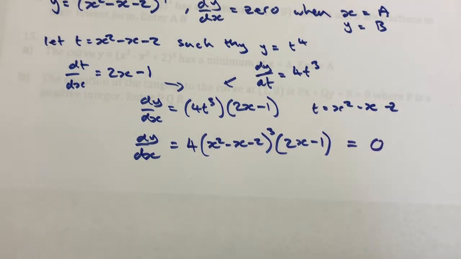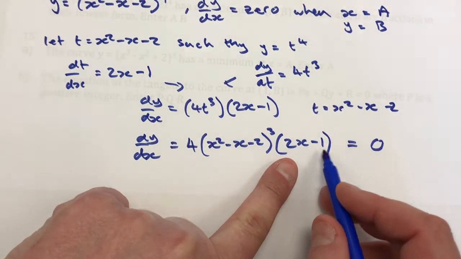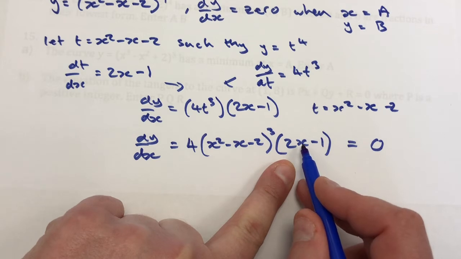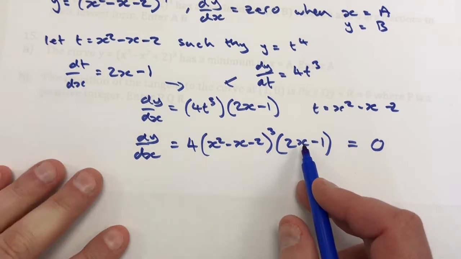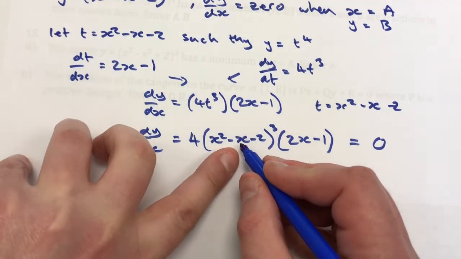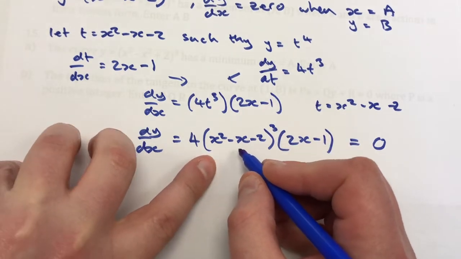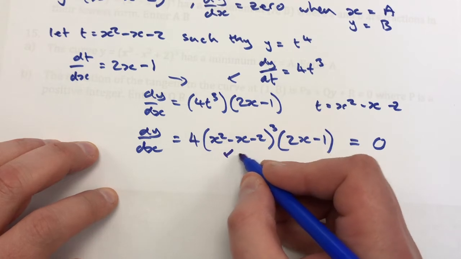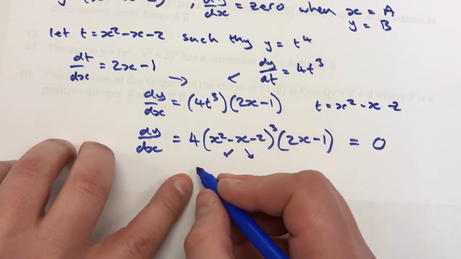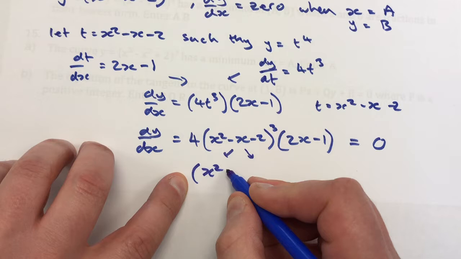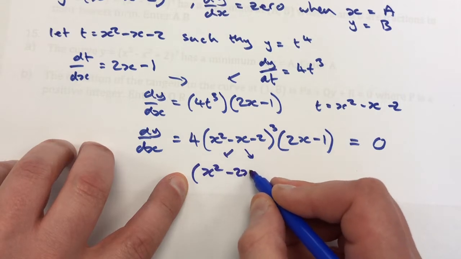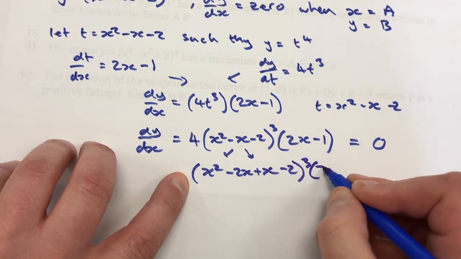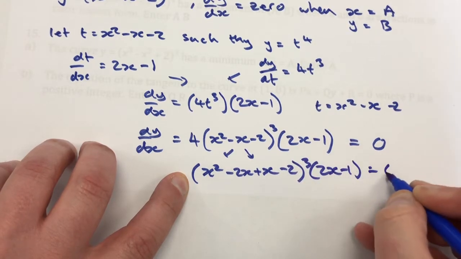Okay, so we have a solution popping out right here when x equals a half, but I want to go in just a little bit deeper, so we can factorize this expression here as well, if you don't mind me doing it in the old school fashion, splitting the middle term of the brackets here, (x squared minus 2x plus x minus 2) to the 3, times (2x minus 1) equals 0.